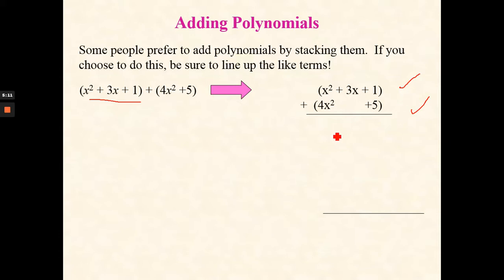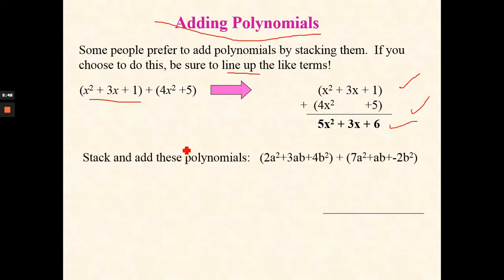In adding polynomials in the vertical way, you should see to it that like terms are lined up. Meaning, x squared and 4x squared are similar terms. 1 and 5 are also similar terms. So you add 1 plus 4, that is 5x squared. Then bring down 3x, and then 1 plus 5 is equal to 6.